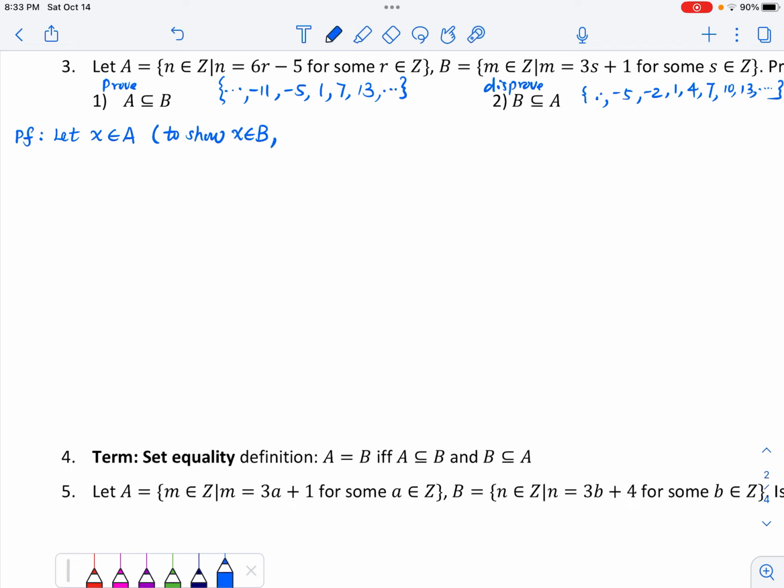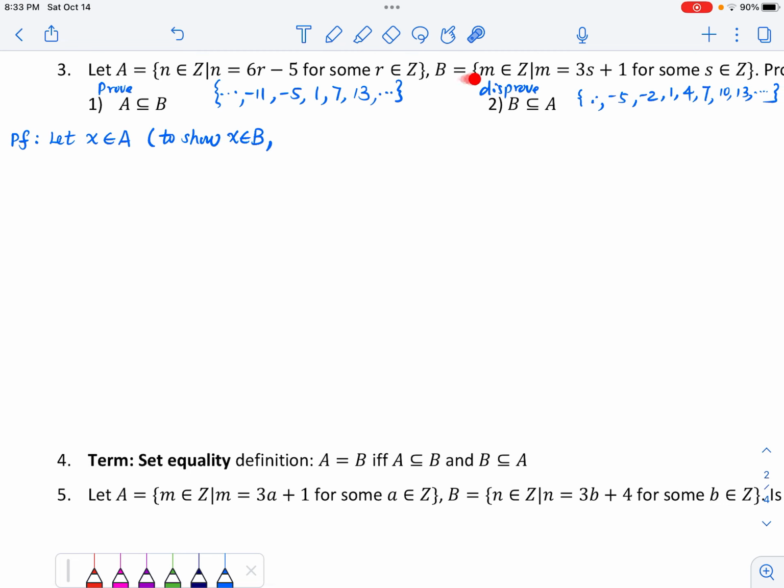Now, of course, I always advise you to think about what it takes for me to conclude that the arbitrarily chosen element is in B. So now we have to look at the definition of B. B is a collection of integers. What are these integers? They can be written as 3s plus 1 for some integer s.